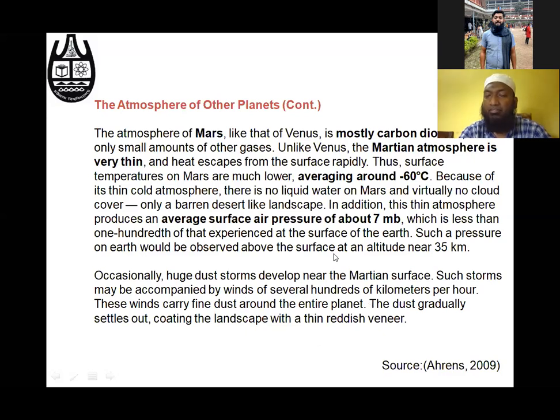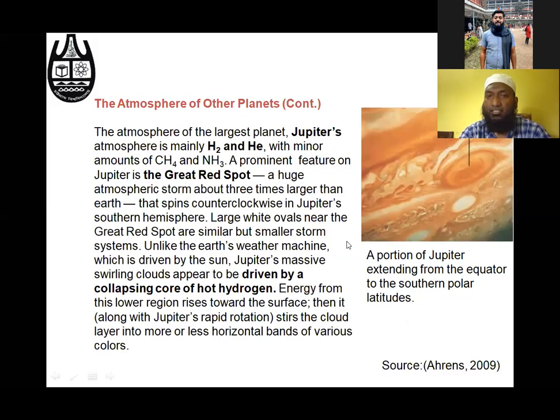Eventually, as the temperature is very low and there is no such pressure, the dust settles down, and a coat of this dust can be found all over the ground of Mars, and thus it looks reddish in color.